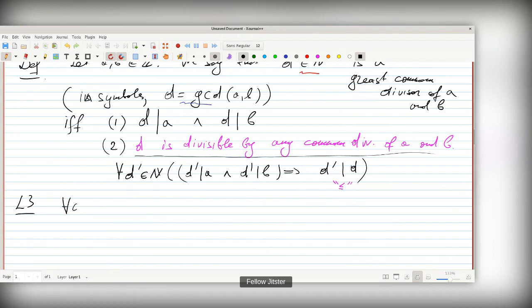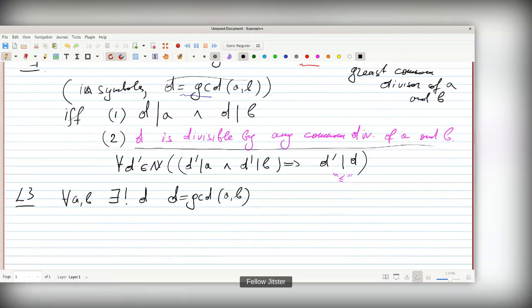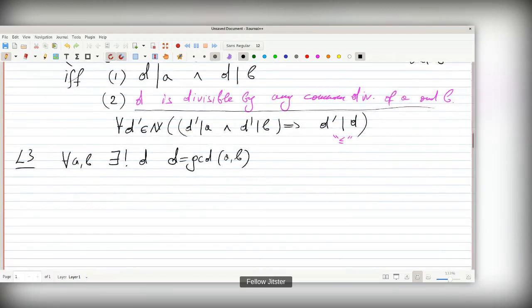For every a and b, there exists a unique number d such that d is the greatest common divisor of a and b, and this fact justifies the symbol. For now, if something equals GCD of a and b, there is no other possible value for GCD of a and b. It is unique. If d1 equals GCD of a and b and d2 equals GCD of a and b, then d1 must equal d2. Okay, let us prove it.